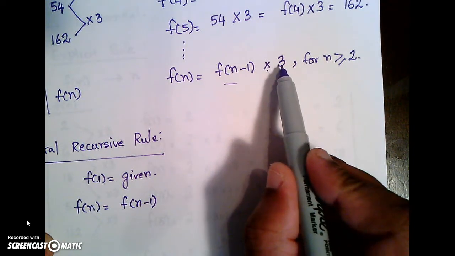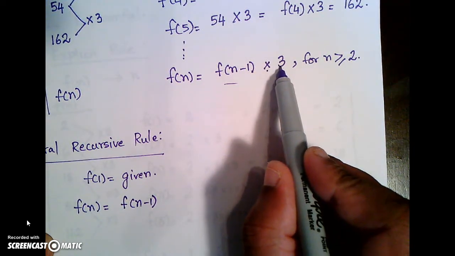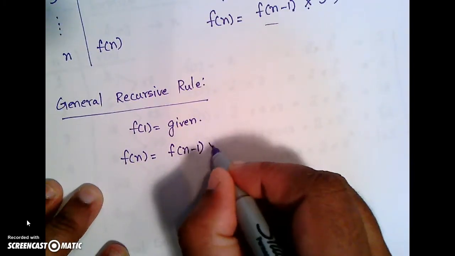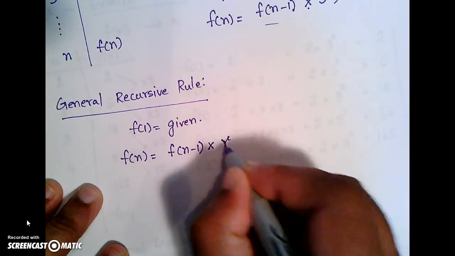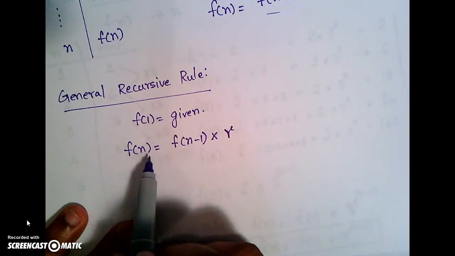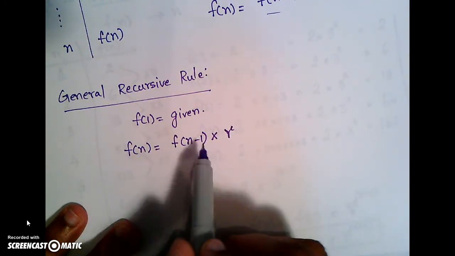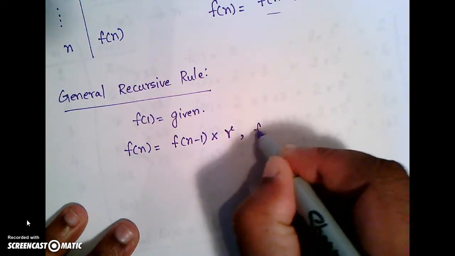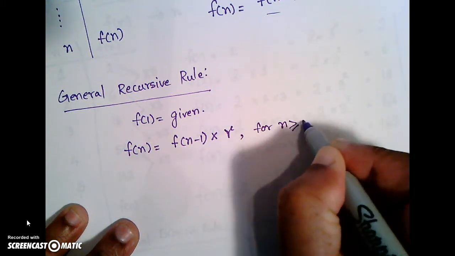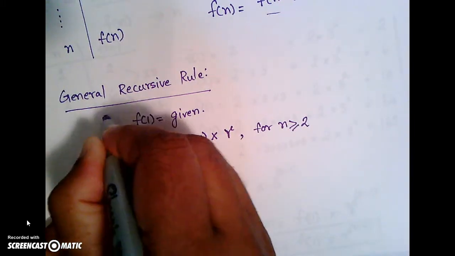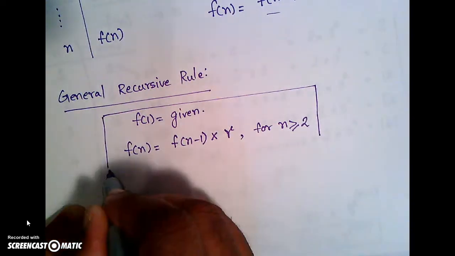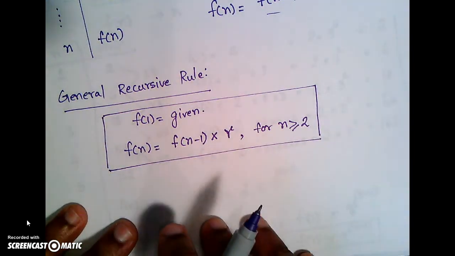I multiply it by the common ratio, right? That will give me my terms in the sequence. This is for n greater than or equal to 2. So this is a general recursive rule for any geometric sequence.